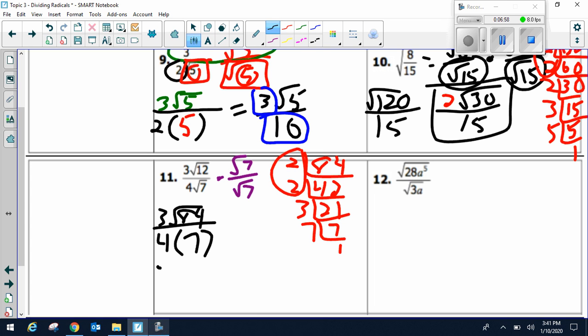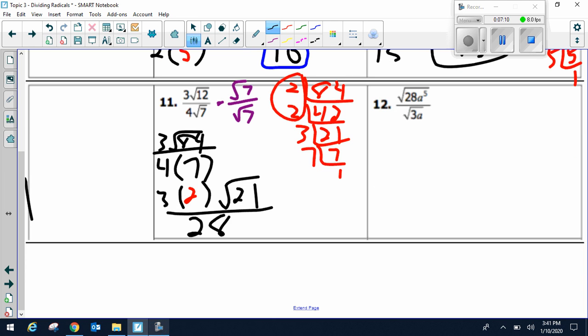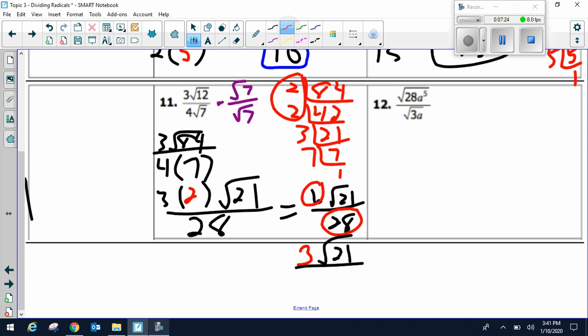So this is going to be 3 times 2, square root of what's left, which is 3 times 7, so 21, over 28, which is 6 root 21 over 28. But if you look at the outside numbers, they're both divisible by 2, so that means it's going to be 3 square root of 21 over 14.